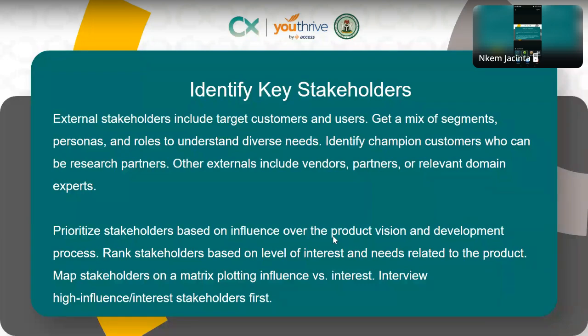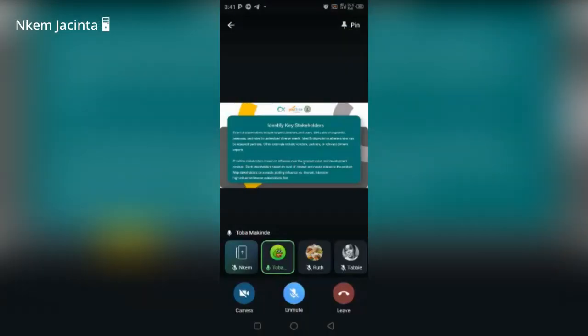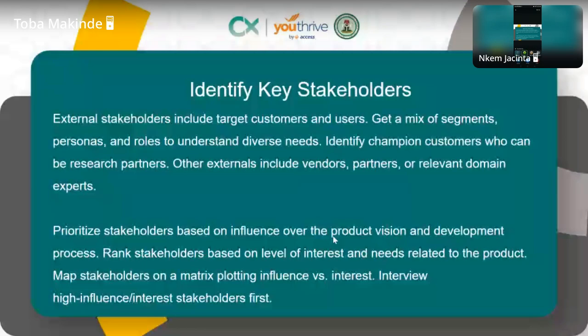So rank stakeholders based on level of interest and need related to the product. Map stakeholders on the metrics plotting influence versus interest. I think we will do an assessment on this at some point where you get to rank your stakeholders based on influence and interest. Let me note that down.